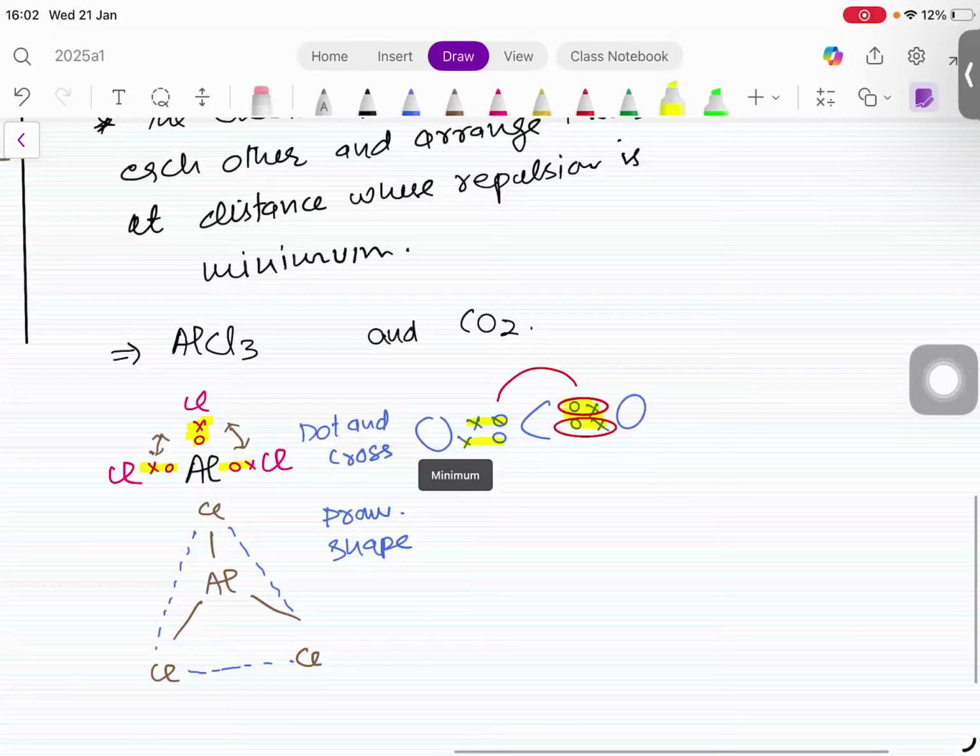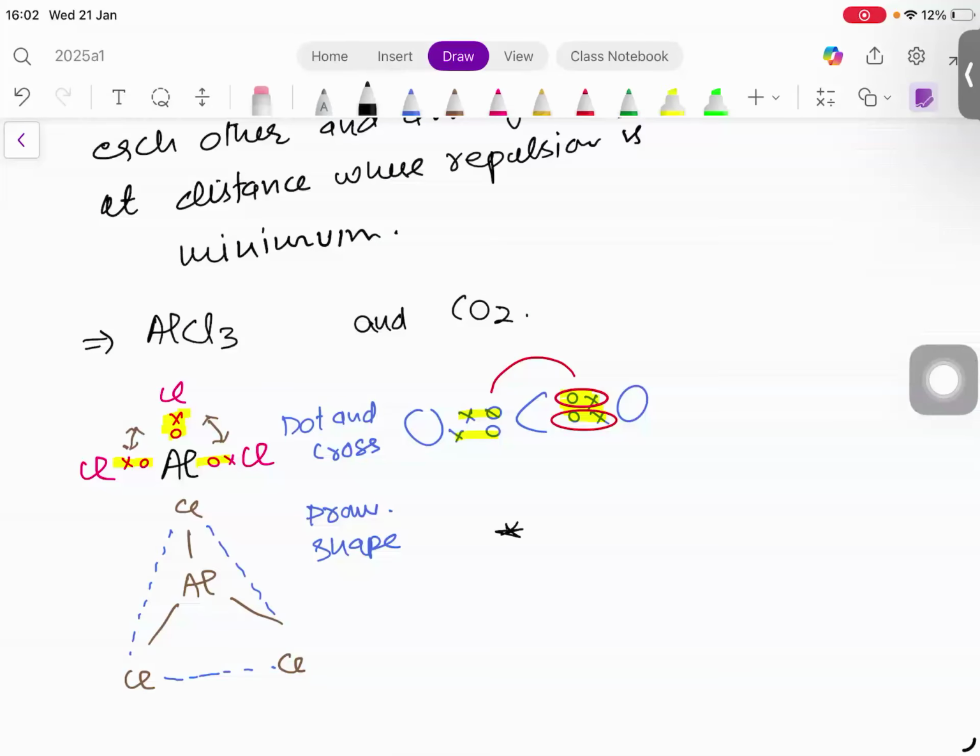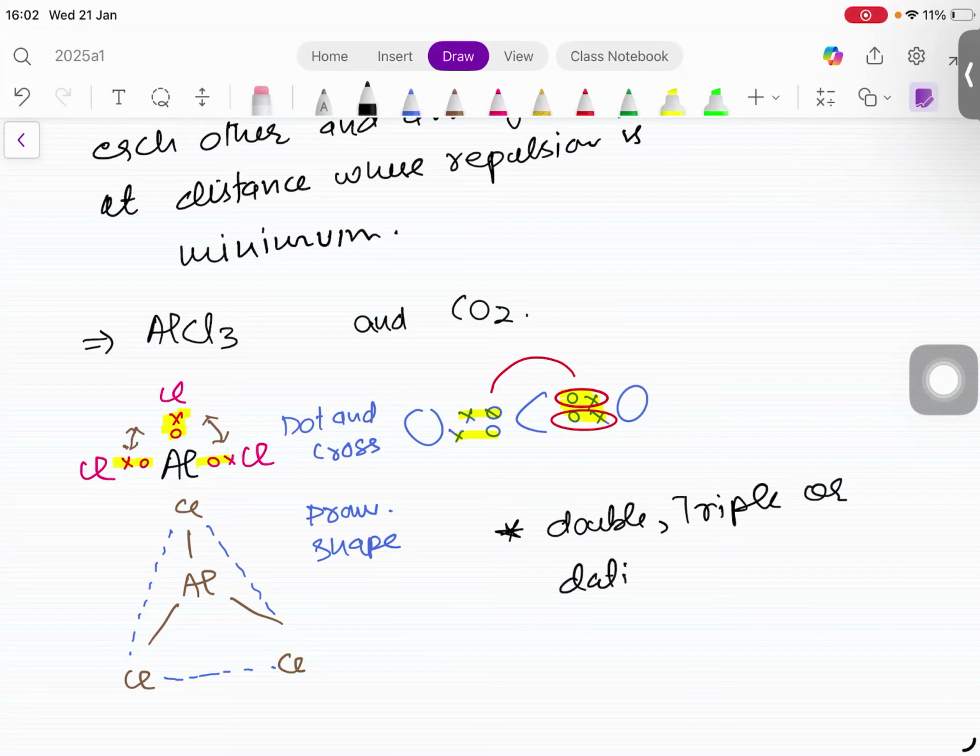Okay, so please write down: in this theory, double, triple, or dative bond is considered as one bond pair. So if this is one bond pair, now these two bond pairs repel each other.